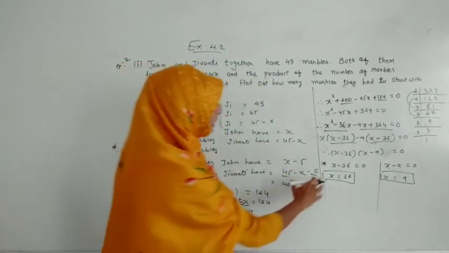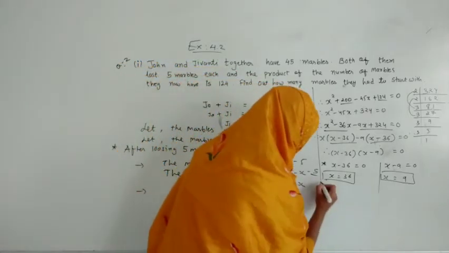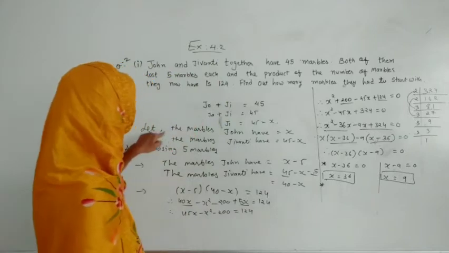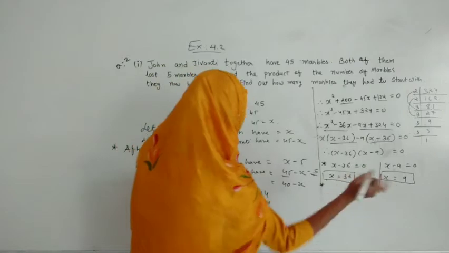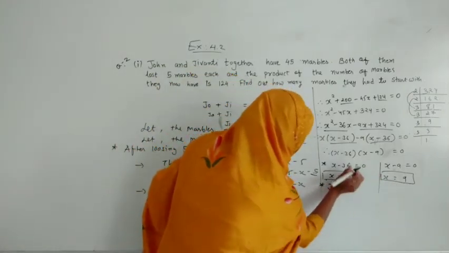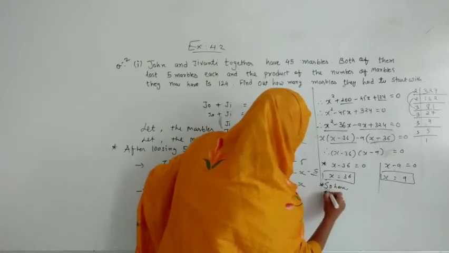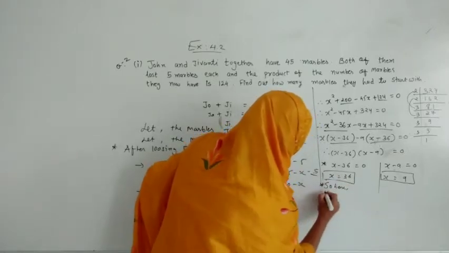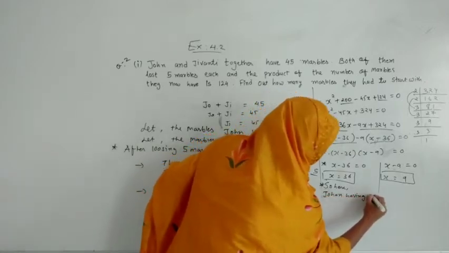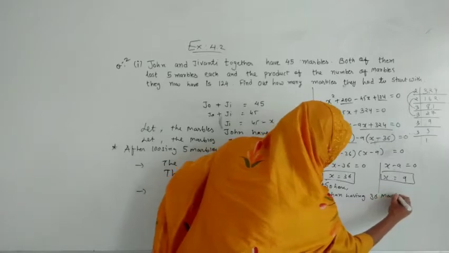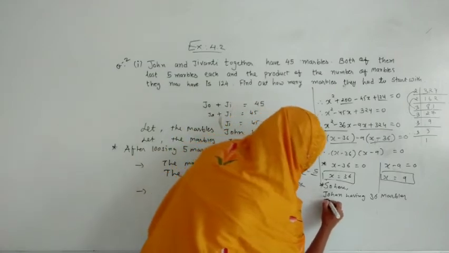But here we got both answers positive, which means we have to write 4 statements. Because we have guessed the number of marbles John has as x, if we guess here, we will write: if John has 36 marbles, how many marbles does Jivanti have?